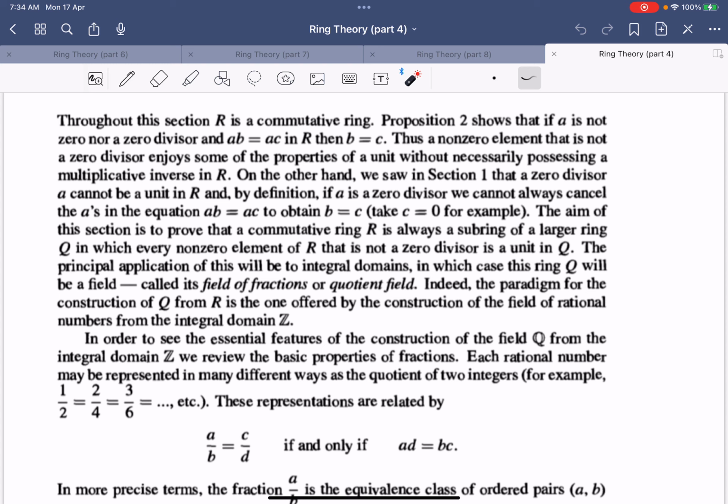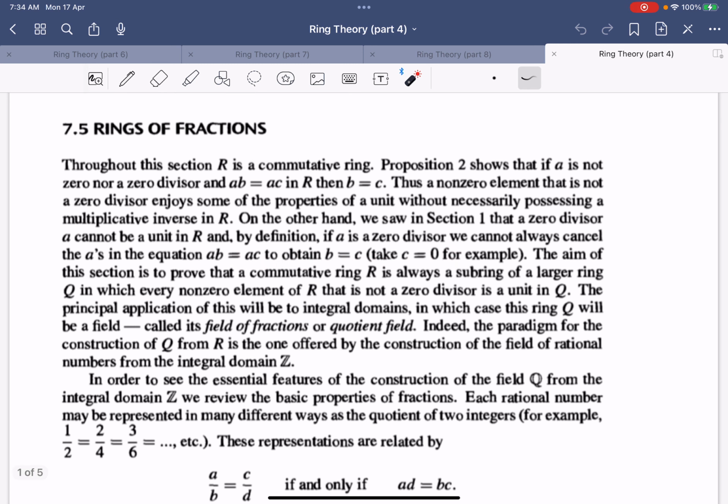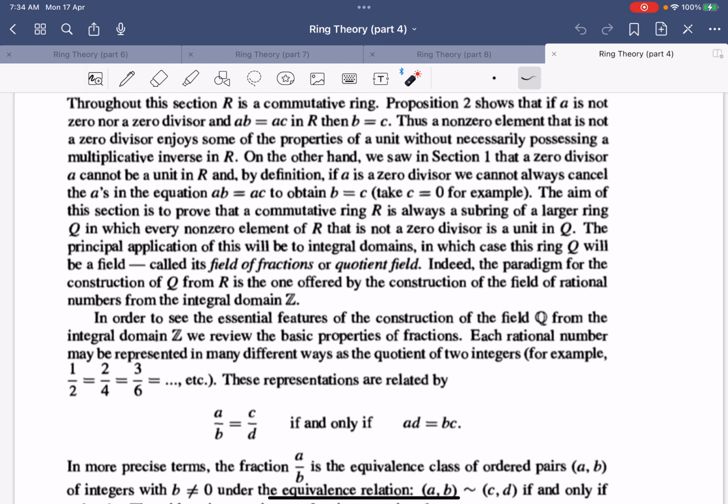And we already know that the zero divisors cannot be a unit, as we have proven earlier. And so, if A is a zero divisor, then we cannot always cancel the equation to obtain B equals C. And this gives us an understanding that there is some form of relation that we can try to get from the units, the zero divisors and the non-zero divisors.